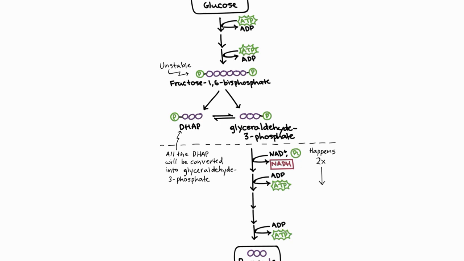Alright, here's my further explanation of the good old glycolysis. So your 6-carbon glucose comes down, the ATP turns into ADP, and then eventually you run into the fructose bisphosphate, but it is unstable, so it breaks in half, and then your glyceraldehyde 3-phosphate comes down, and your NAD+ turns into NADH, and your ADP turns into your ATP.